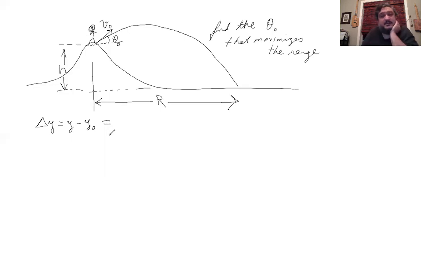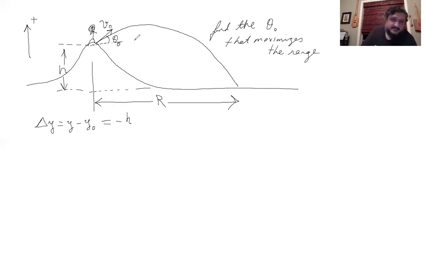That's not 0 now. That's not h, but it is negative h because I want to take up as positive. It's my positive direction. Therefore, delta y is negative h. Your h is below your initial point where you kick the ball, all right?